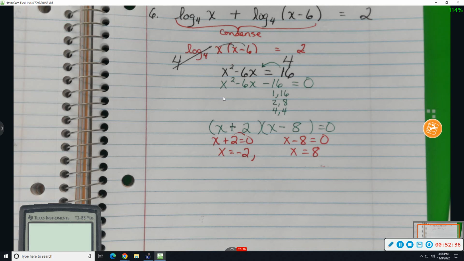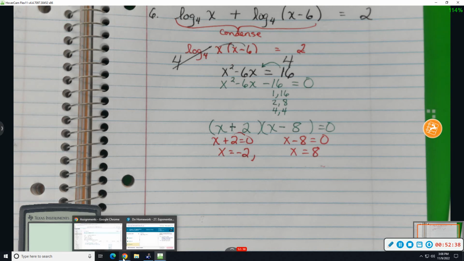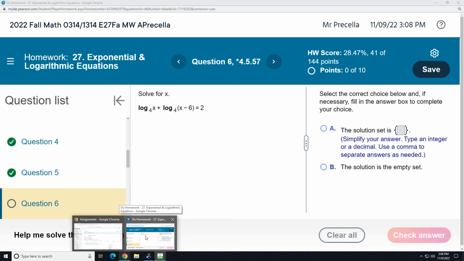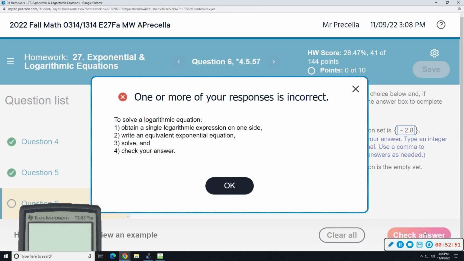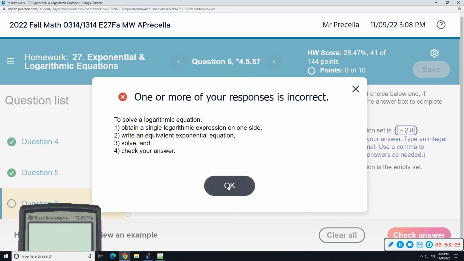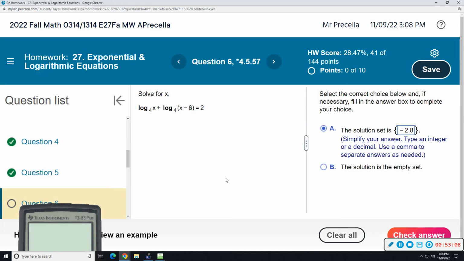If you punch both of those numbers in, you're going to get an error, or it's going to say wrong. It doesn't know what you did wrong, but this last step that says check your answer, maybe it would have been better if instead it had said make sure you're not getting the log of a negative number.